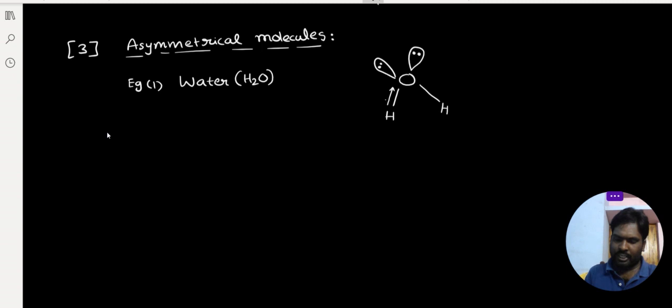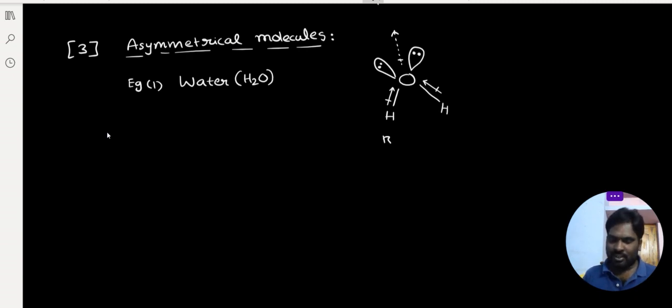OH, oxygen more electronegative, bond polarity pointing towards oxygen. Two lone pairs resulting bond polarity working like this. Here bond pair polarities and lone pair polarity are working in the same direction, top side. So all polarities are working in the same direction, which means it has a greater resultant dipole.